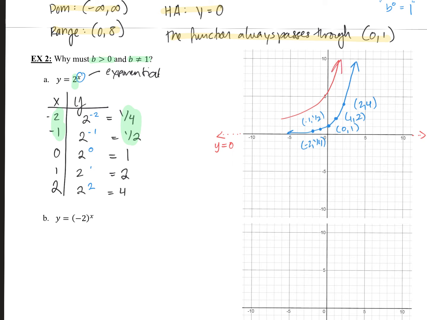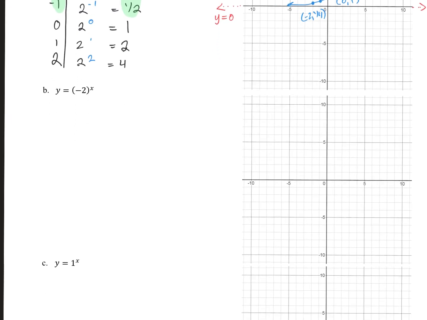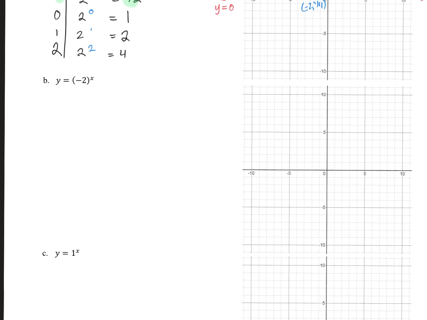Now let's take a look at the two options that are not going to be exponential functions, and we'll see why. The first thing we said was we can't allow b to equal a negative value. It had to be greater than 0. So let's go ahead and use the same values we had before and see what we get: -2, -1, 0, 1, and 2.